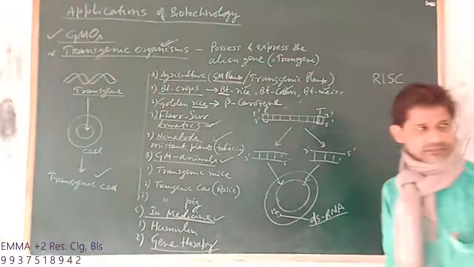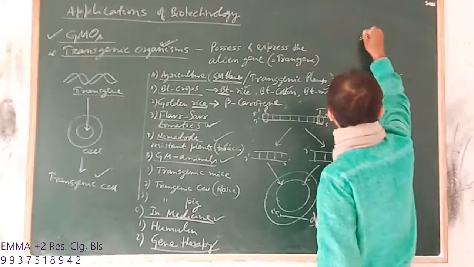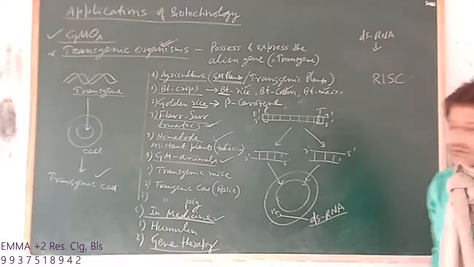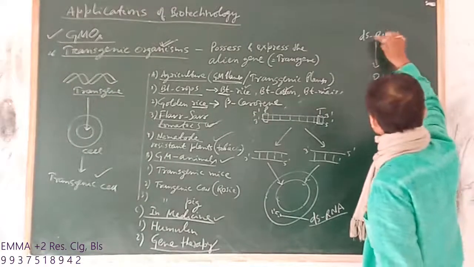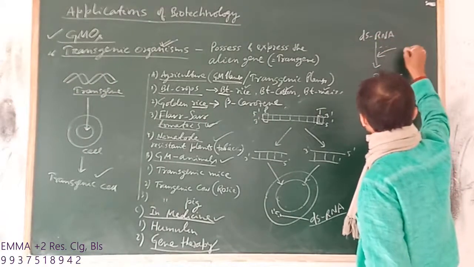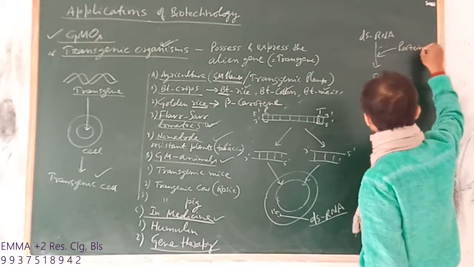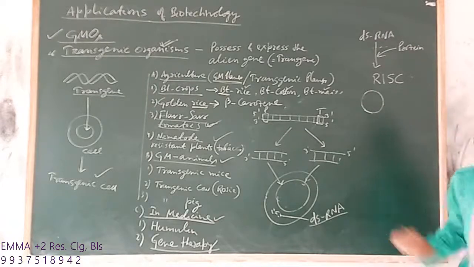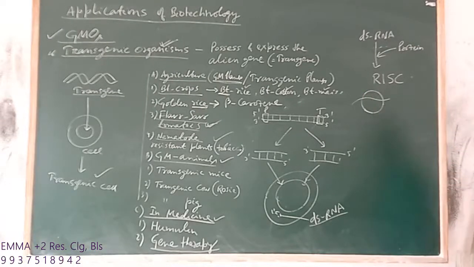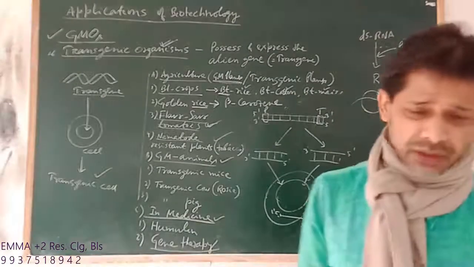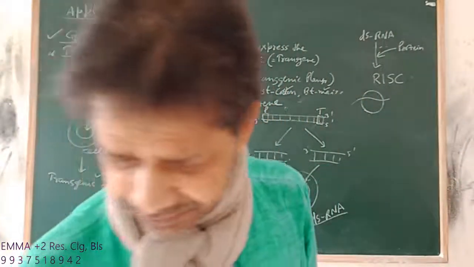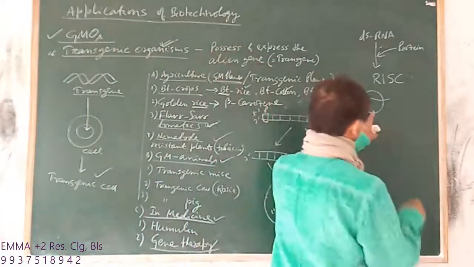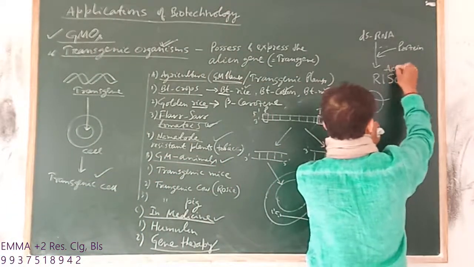So this double stranded RNA is fragmented, and fragments of double stranded RNA combine with proteins to form a RISC. That means suppose this is the protein and this is the RNA. This is now activated RISC. Activated.